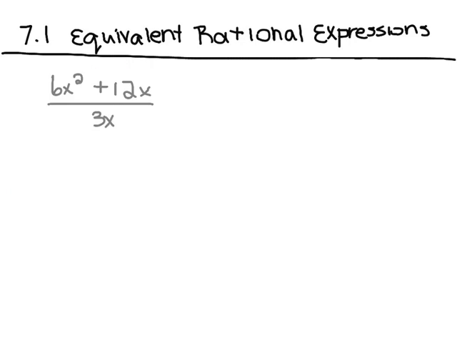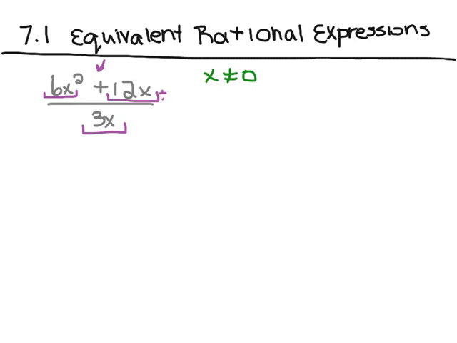For the next example, our non-permissible value will be x cannot equal 0. Now we can take out a common term of 3x, and the only reason we can is because there's a 3x in this, a 3x in this, and a 3x in this. When you have a binomial, you have to be able to take out the common term from every single term in the expression.